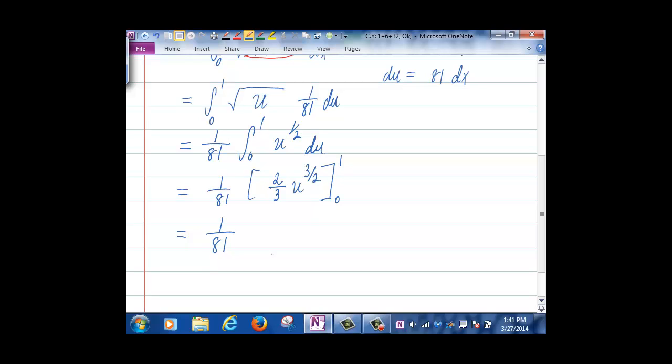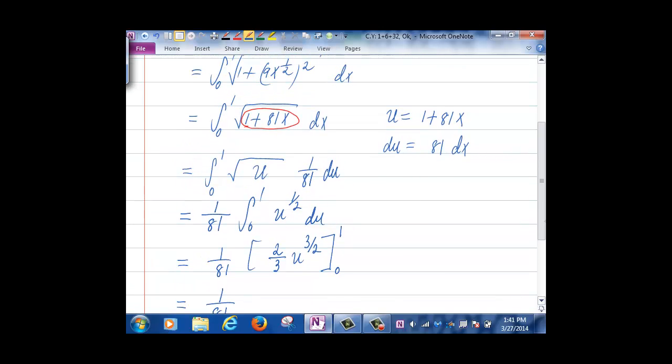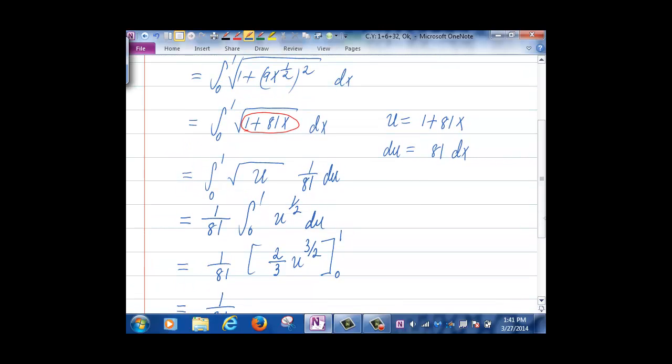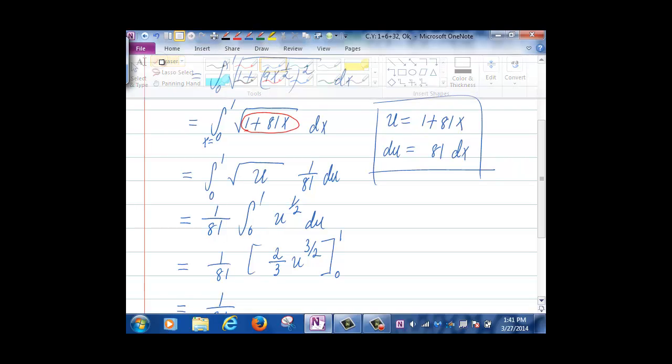Oh, I was just checking, right? No. I forgot. I didn't change the limits of integration, right? So that's a big mistake. So here's my u, right? Remember, these limits are for x, right? So when x is 0, what is u? U is 1. So let me use the eraser here.